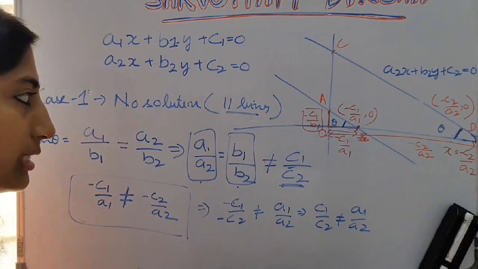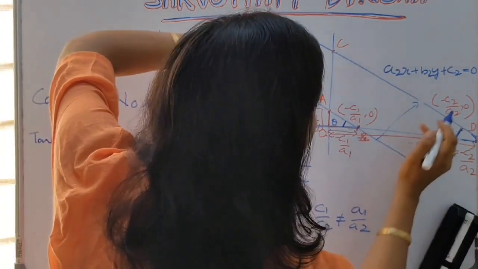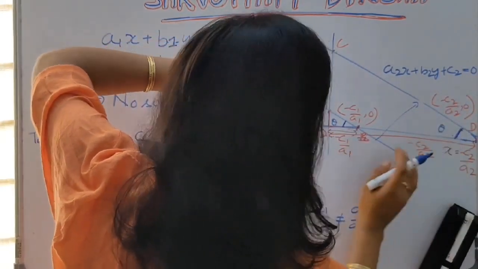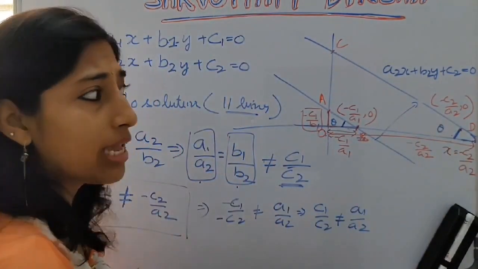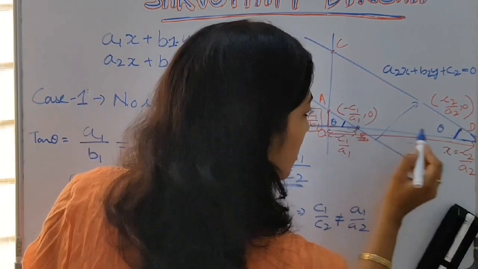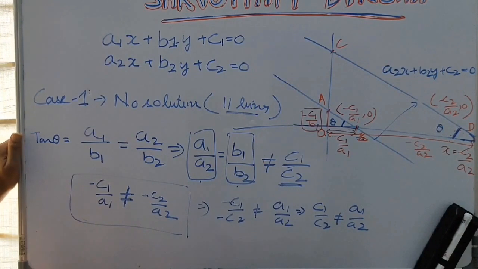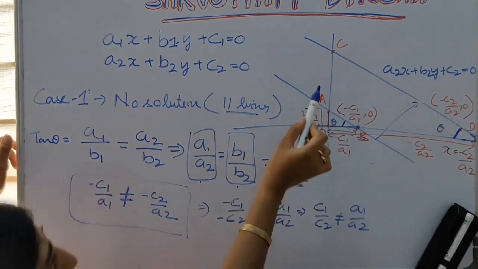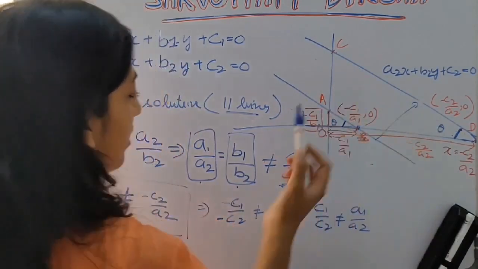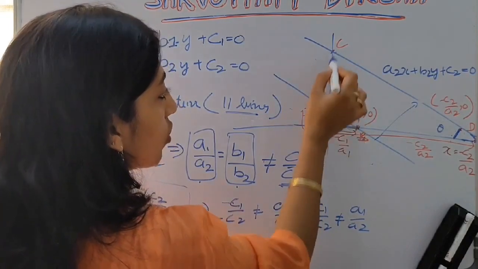Now, if my B and D are coinciding, that means this line will shift and will lie here because theta is same. So my inclination of the line on x-axis has to be same, and this point that is coinciding with D, C1 by A1 should be equal to C2 by A2. It means that this line AB is coinciding with my second line, and in that case, as I explained, my A and C should also coincide.